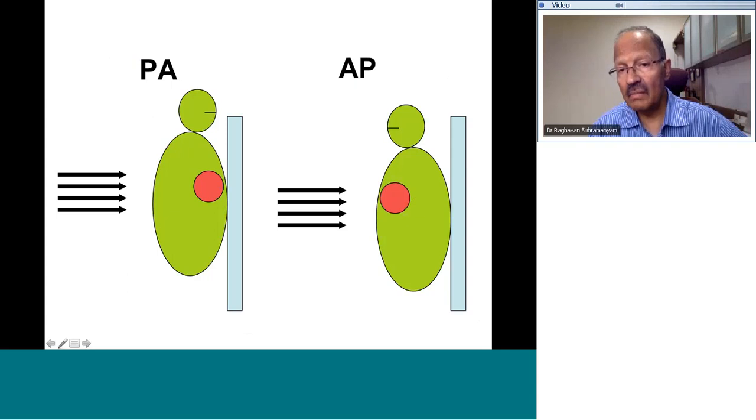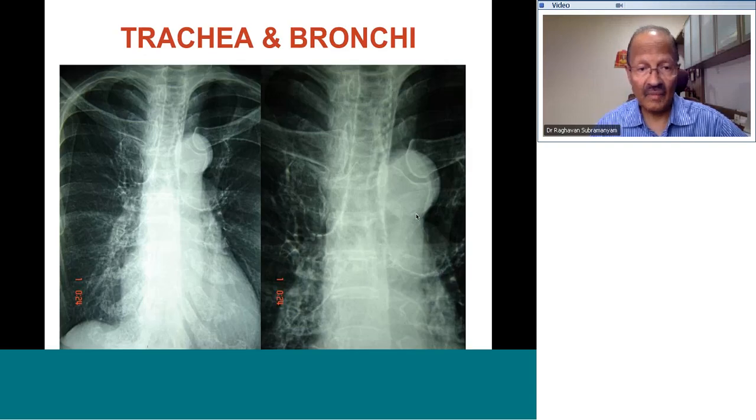Therefore, you have a larger distance for the X-rays to diverge, and therefore you have more magnification. The ideal X-ray would be posterior anterior, but in case of children, they will be very scared to face the X-ray plate. In case of ICU setting where the patient is supine and in bed, you are forced to take an anteroposterior supine X-ray, and therefore you have to make allowance in your reporting for the X-ray magnification.